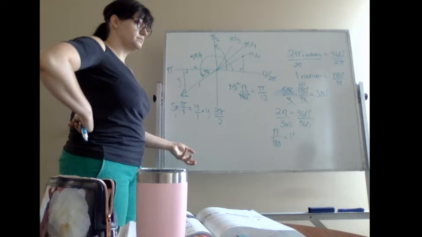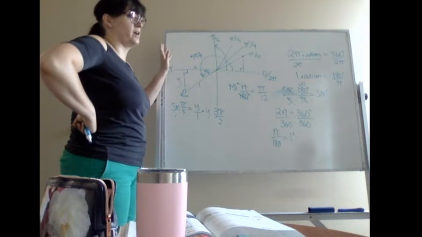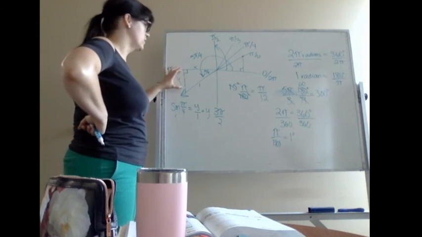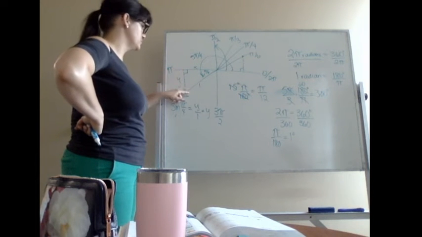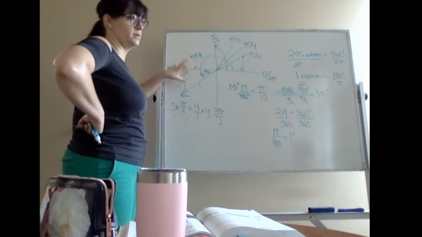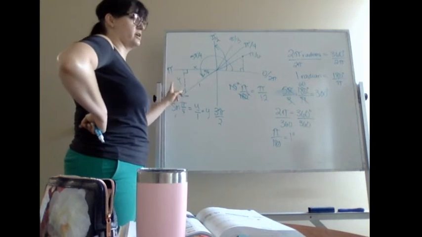Not fully. So we can't do the trig functions on an angle that we can't draw a triangle out of. Okay, right. So what we're going to do is draw a triangle just by making a straight line. It's either going to go up or it's going to go down, depending on where it is. And then we can draw like a mini triangle.